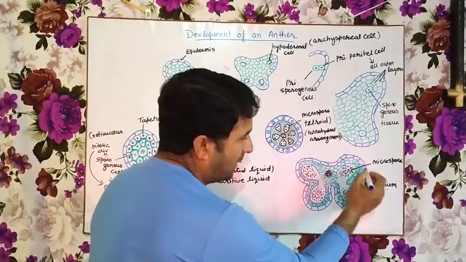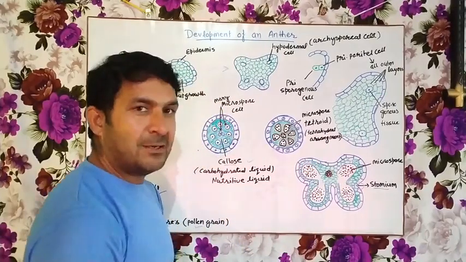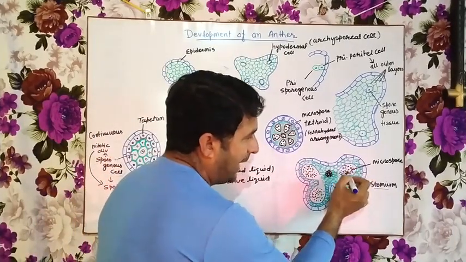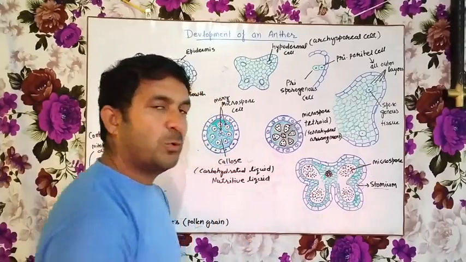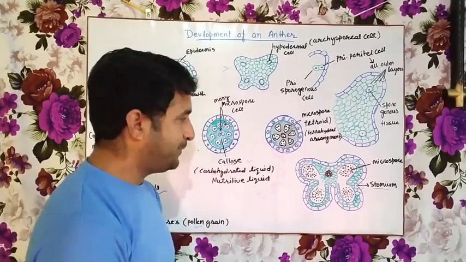Okay, and here you can see the complete structure of the anther. The pollen sac, and inside the pollen sac many microspores or pollen grains are present.